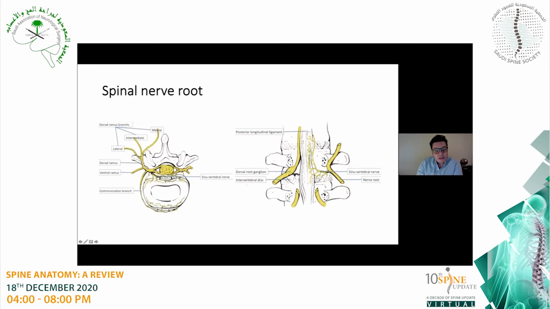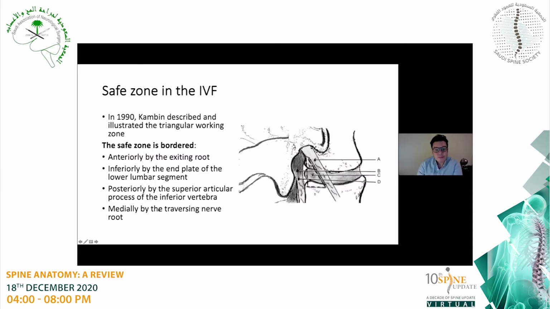We have the recurrent meningeal branch or the sinuvertebral branch, as we see here, which supplies the annulus of the disc and the posterior longitudinal ligament and contributes to discogenic back pain. And we have the communicating branch going to the sympathetic plexus.